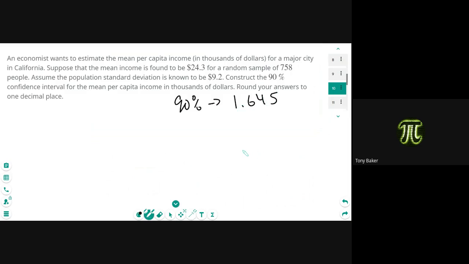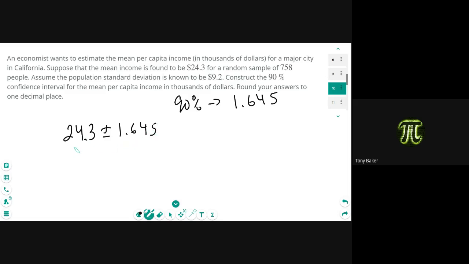That's your Z. Now suppose that the mean income is 24.3. So it's 24.3 plus or minus 1.645.